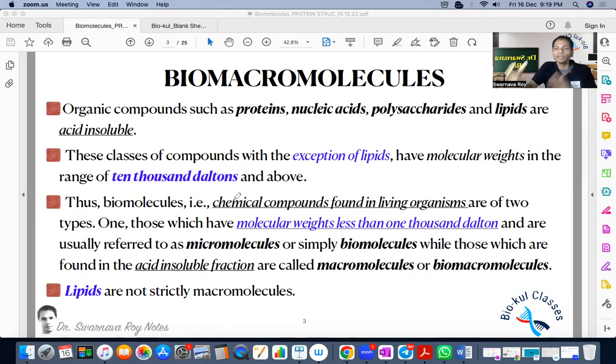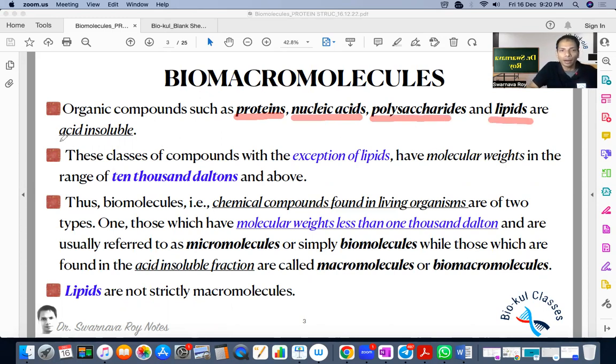A hydrocarbon is made up of carbon and hydrogen. And when you talk about biomacromolecules, they are very big biomolecules. As the definition goes, they are organic compounds such as proteins, nucleic acids, polysaccharides, and lipids.